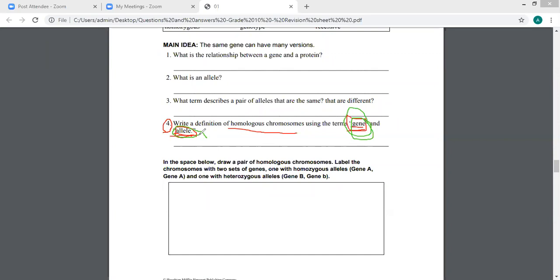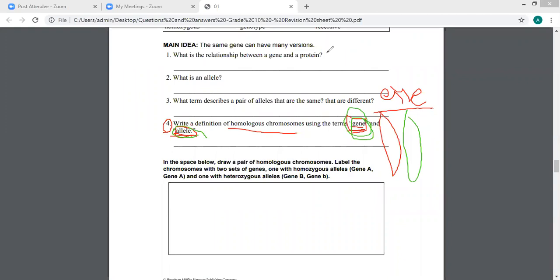For example, two homologous chromosomes: the red one from father, the green one from mother. These two carry, for example, the eye color trait. So they have the same gene, eye color, but maybe they are different alleles.